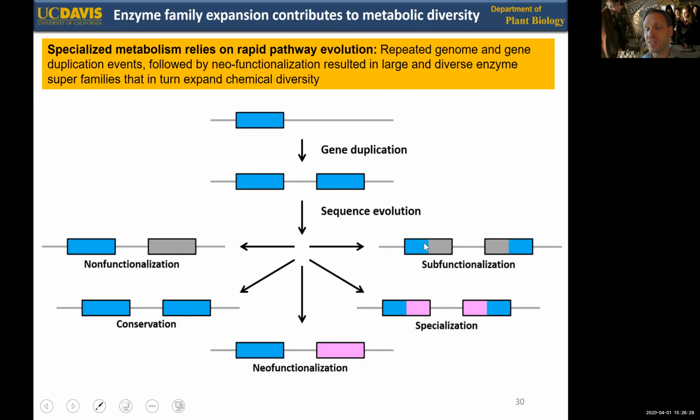If you think about diversifying the scaffold-forming functions, but especially the tailoring functions, you want to have a pool of genes and a pool of enzymes to do that, right? And so the concept here, as how we envision that this evolutionary diversification has occurred, is that we would have, for example, a gene that is involved in general metabolism. And our first discussion paper is actually touching on how this may have occurred.